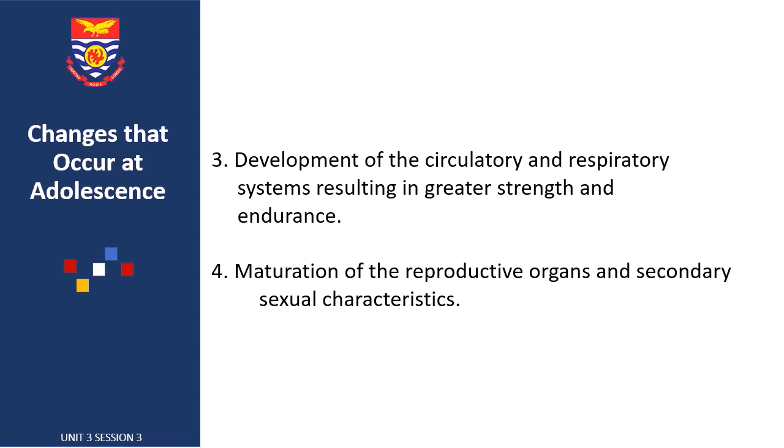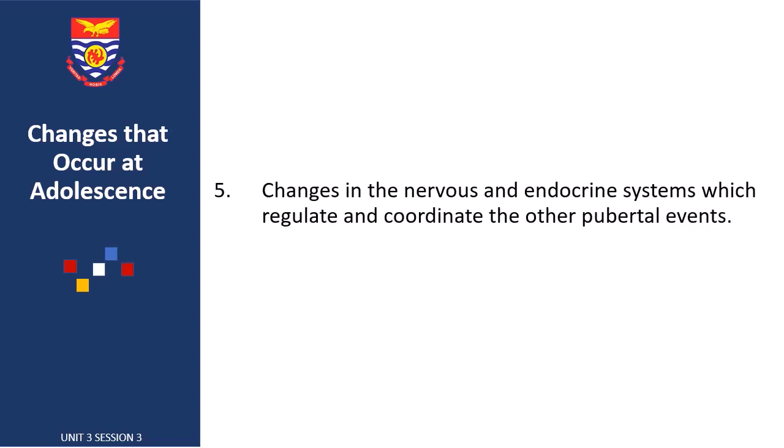That is the power to withstand hardship or stress. Now, 4. Maturation of reproductive organs and secondary sexual characteristics, where the reproductive organs could be referred to as the genitals, and then the secondary characteristics could also be referred to as the body hair and musculature.